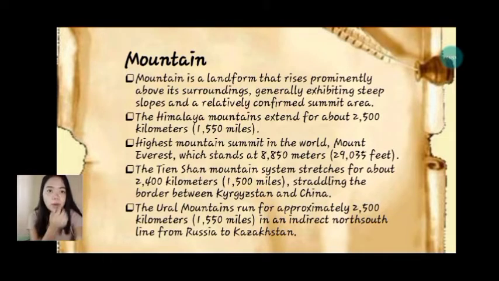So the next mountain that we have is the Ural Mountains, which run for approximately 2,500 km or 1,550 miles in a north-south line from Russia to Kazakhstan.